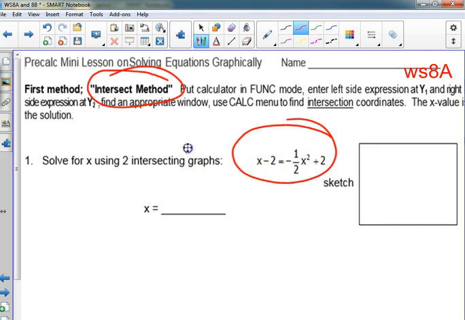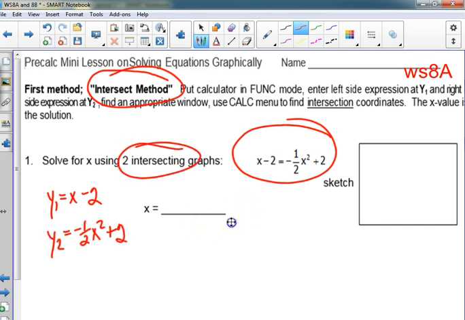So if I want to use the intersect method, I don't move anything around. I just set y1 equal to the left-hand side of the equation and y2 equal to the right-hand side of the equation. And I find the intersection points.